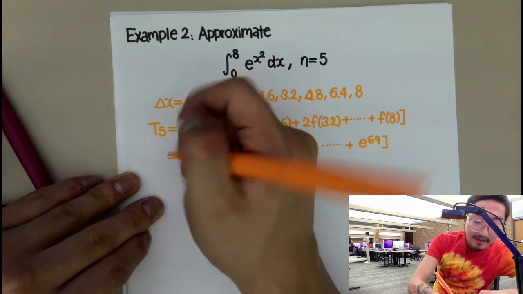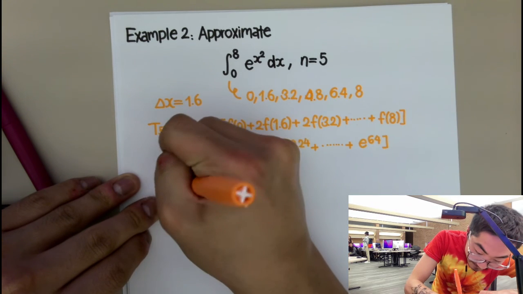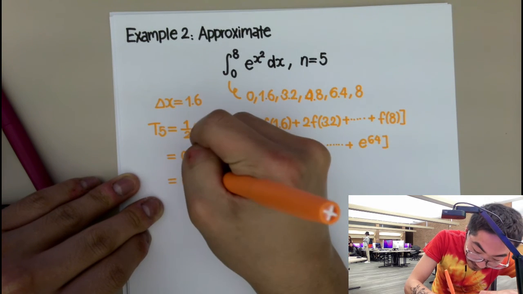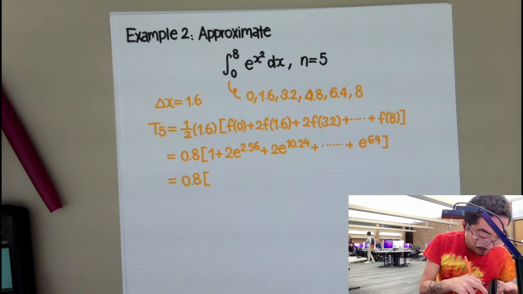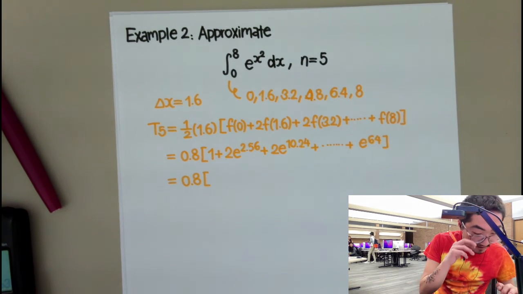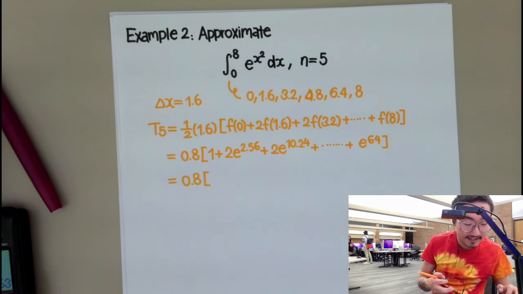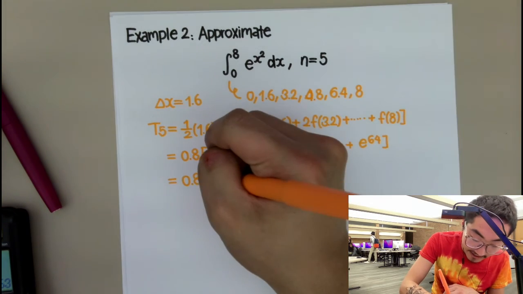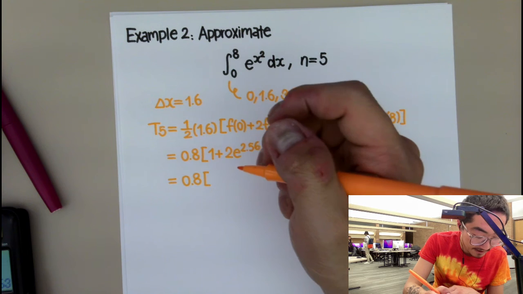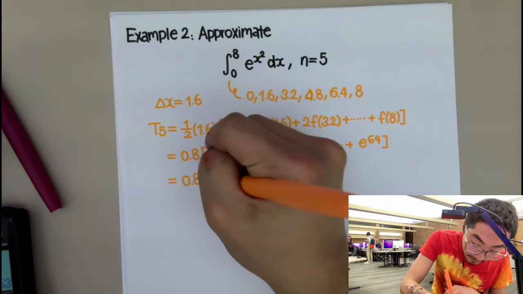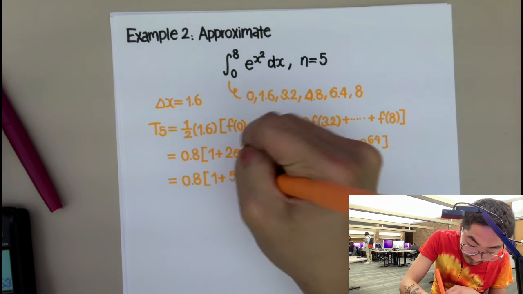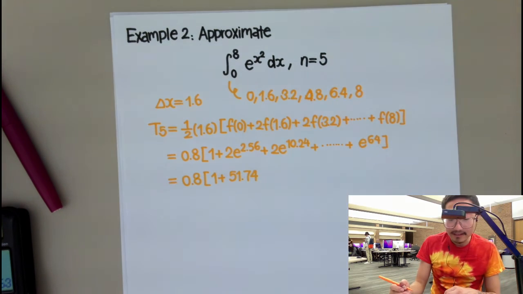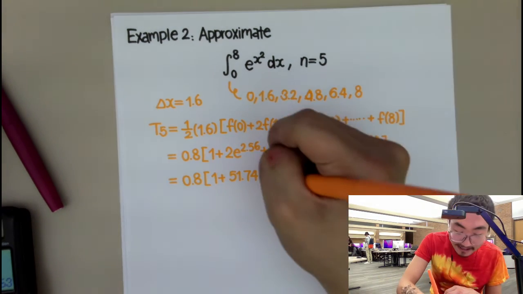Now let's compute. 2e to the 2.56 is about 25.87, so combining this, 1 plus 51.74.